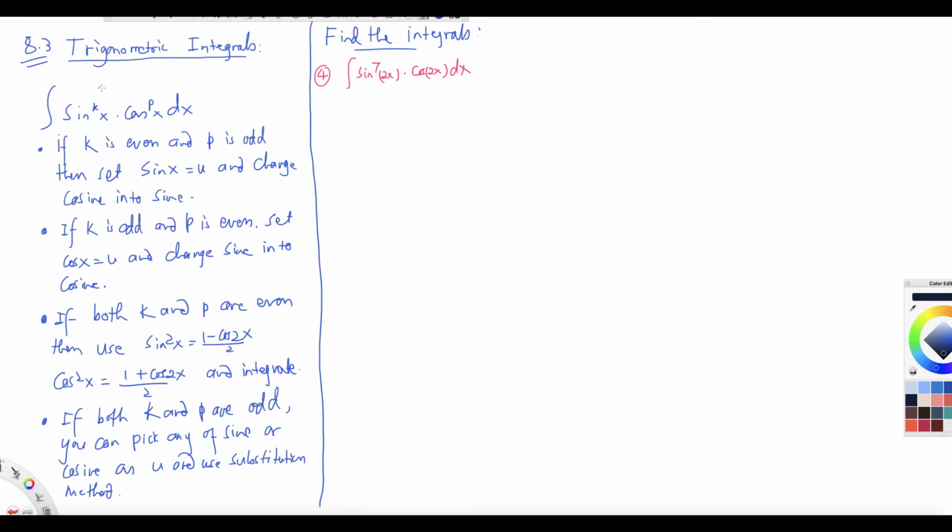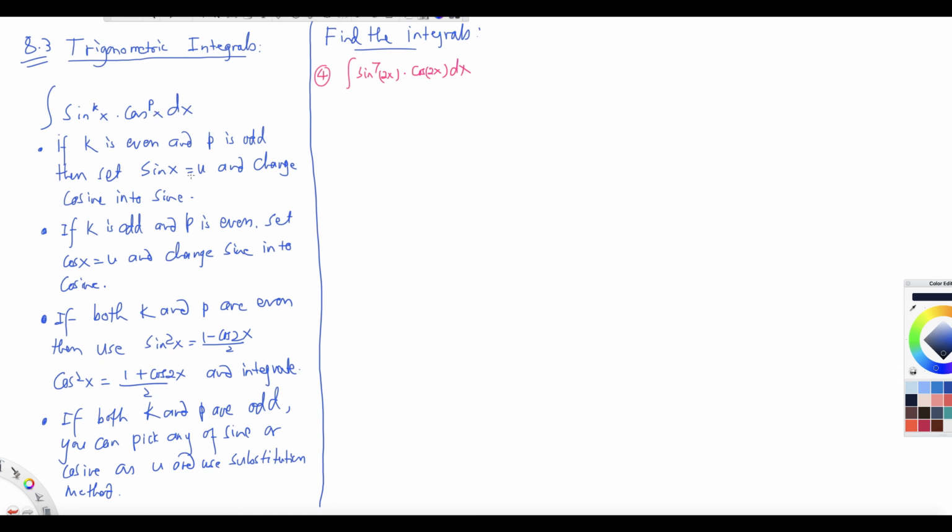When you do the substitution method, which trig ratio should be substituted? This is the rule. If k is even, if the sine to the kx has an even power but p is odd, then we take the trig ratio with the even power as u, just sine x equals u, not sine kx equals u.